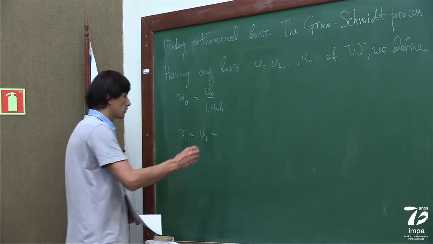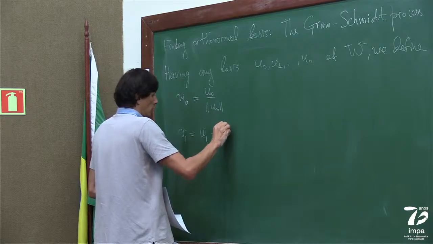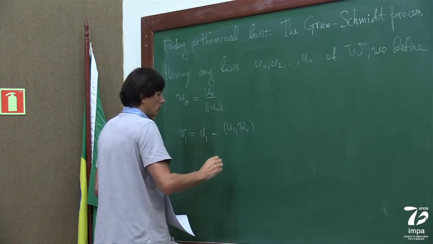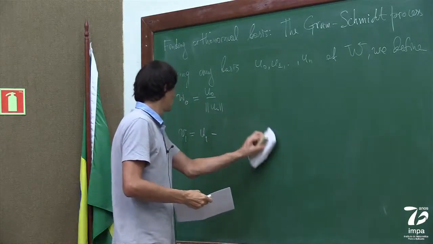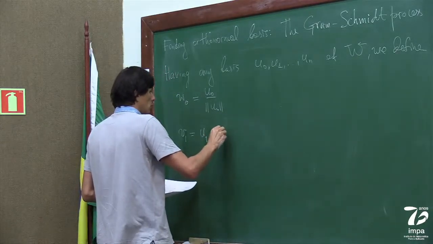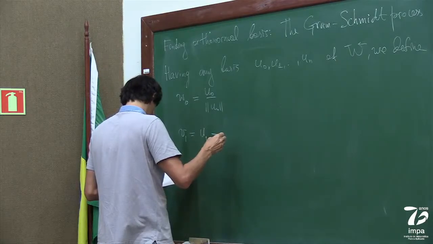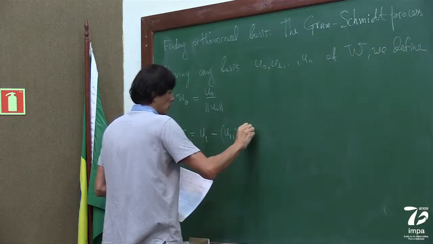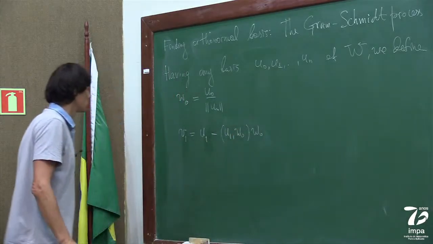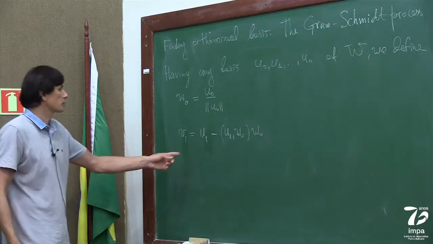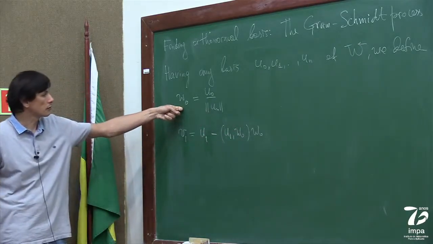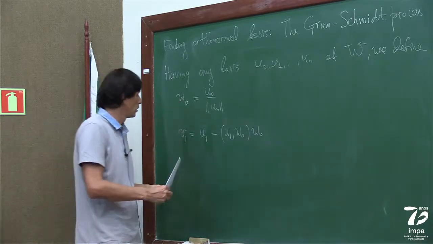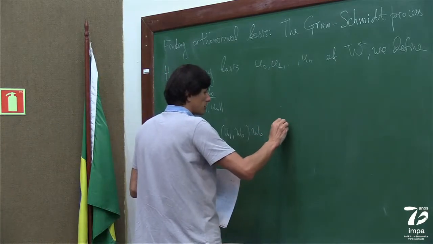So we subtract U1 with W0. Okay, so what we did, we subtracted the component which was parallel to the previous vector. So now V1 is orthogonal to W0, and we just have to normalize it.